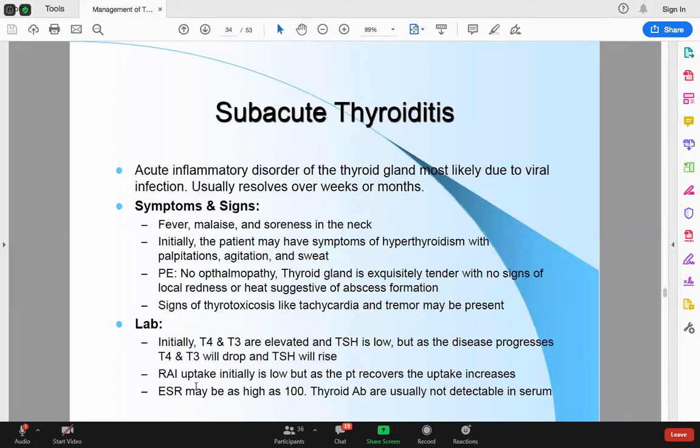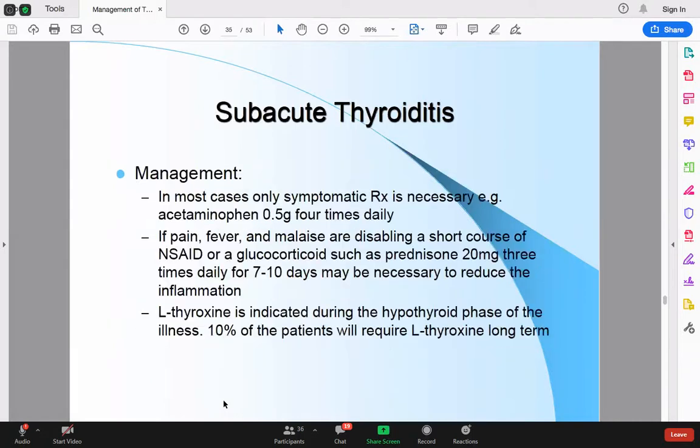Even the uptake scan is initially going to be low, and then when it recovers, it's going to be the other way around. ESR, an inflammation marker, is going to be through the roof, elevated. Thyroid antibodies are usually not detectable. How to manage it?